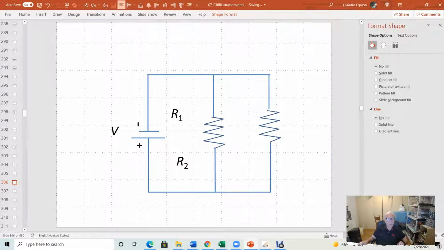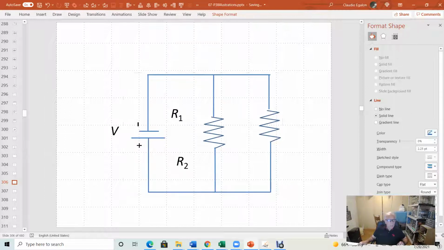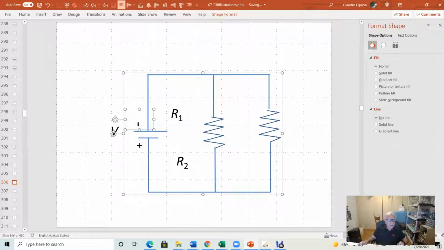Here is the power supply, and by the way, the power supply there, the positive is on the top and the negative is on the bottom. Negative and positive.